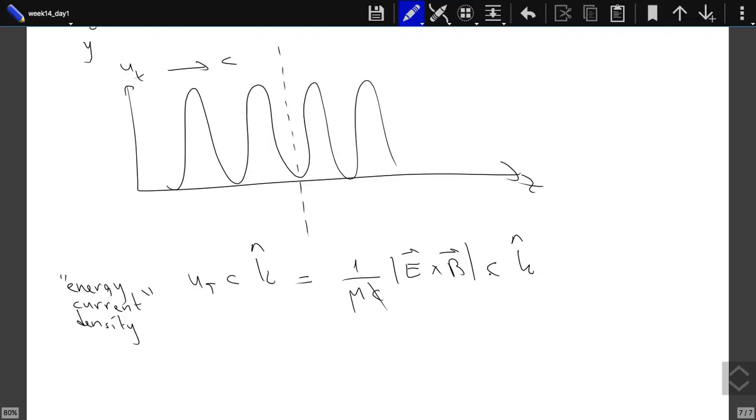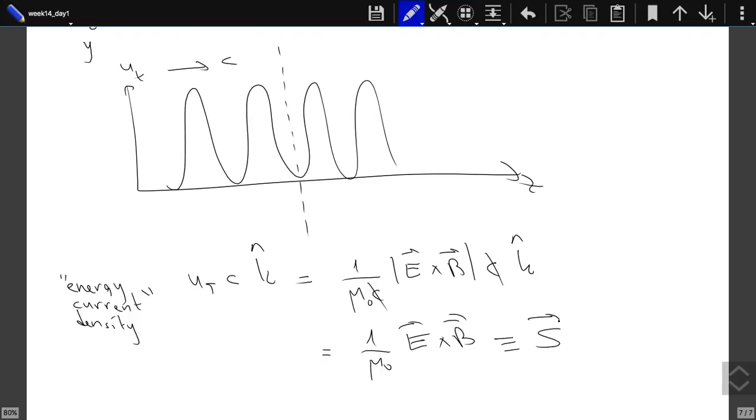So the c's cancel, and we obtain 1 over mu 0. But E cross B is already in the k direction. So here I take E cross B, which is a vector, take its magnitude, multiply by the unit vector in its same direction, but that is that vector anyway: E cross B.